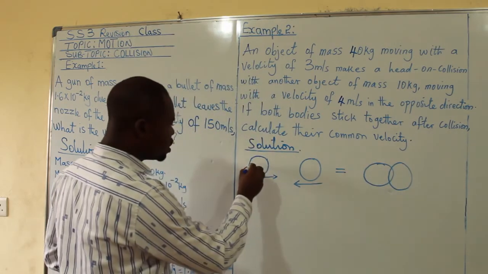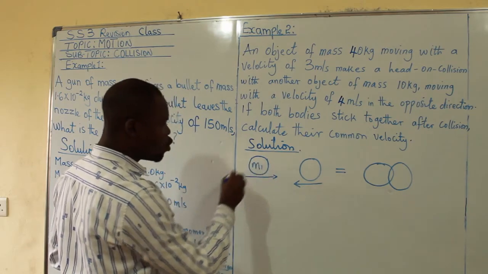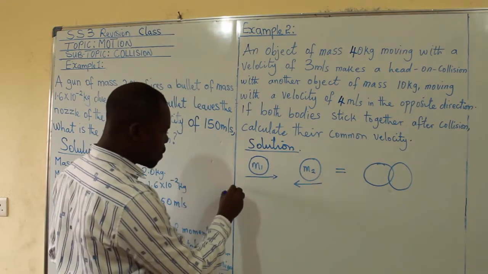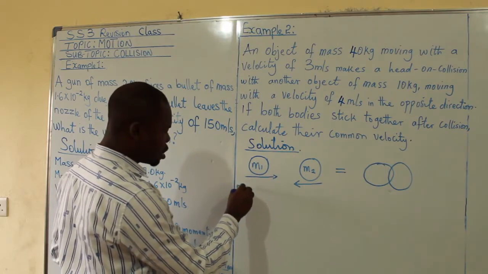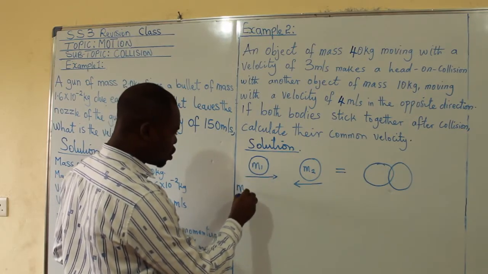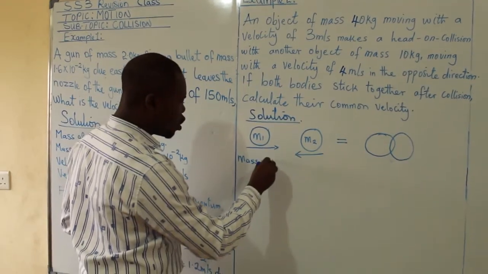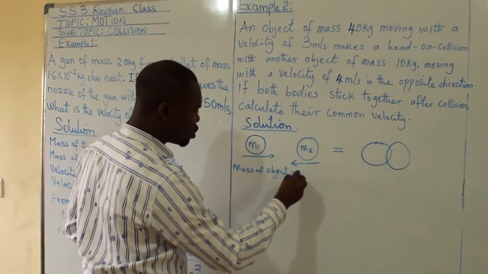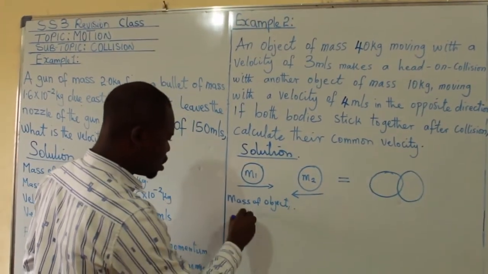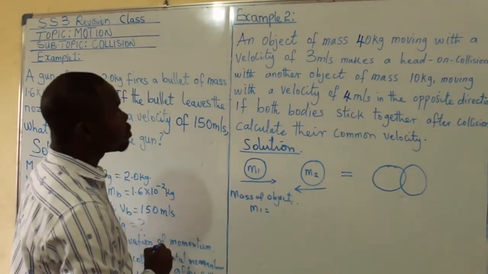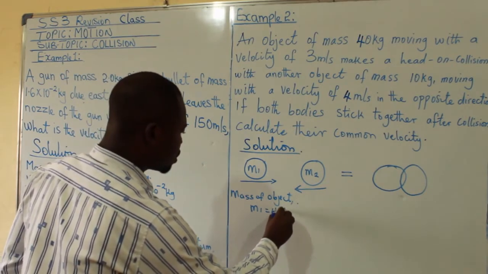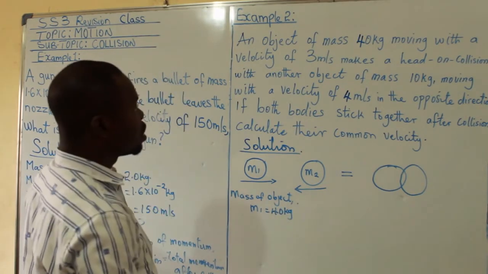Alright, so if this is M1 and this is M2, so we call this mass of object 1 or body 1, M1 equals 40 kilograms.